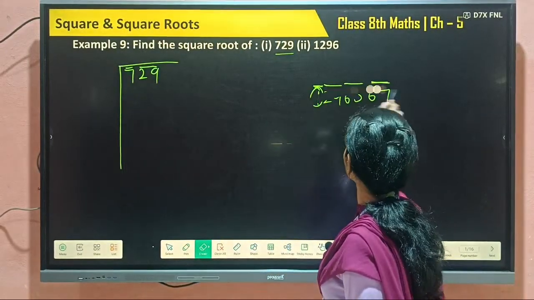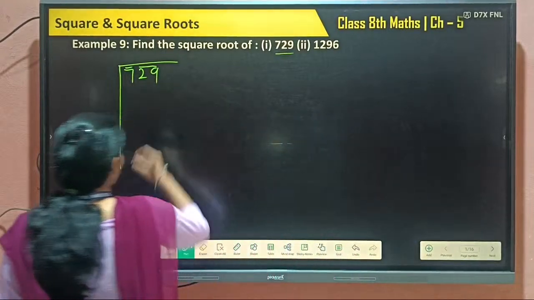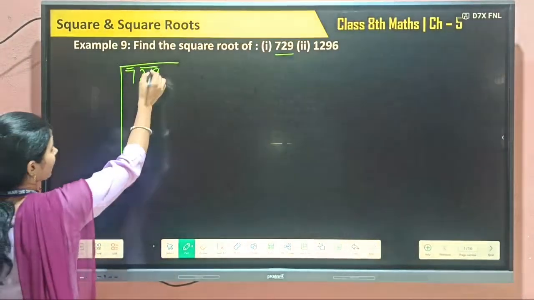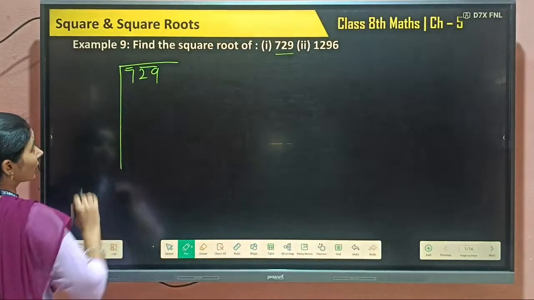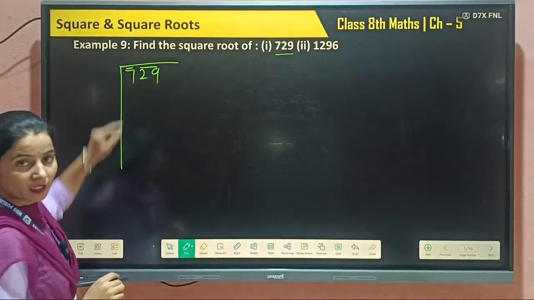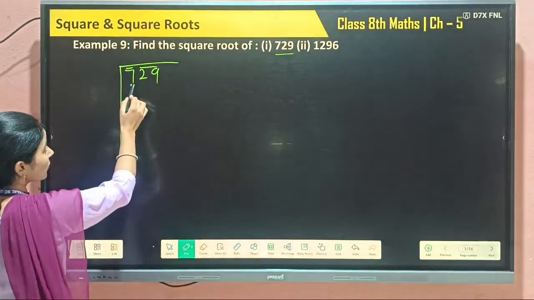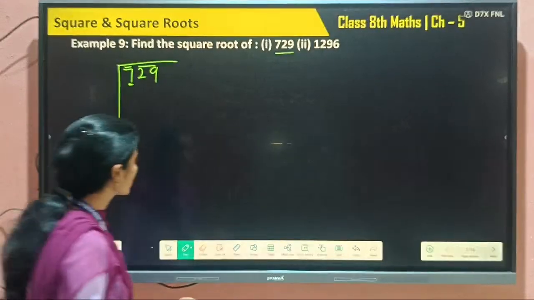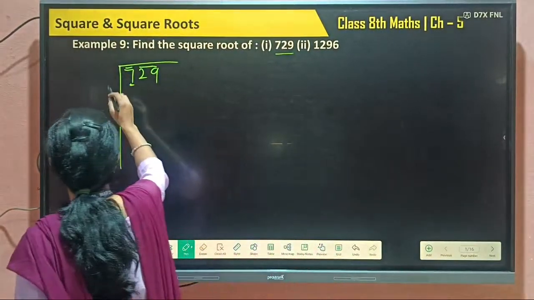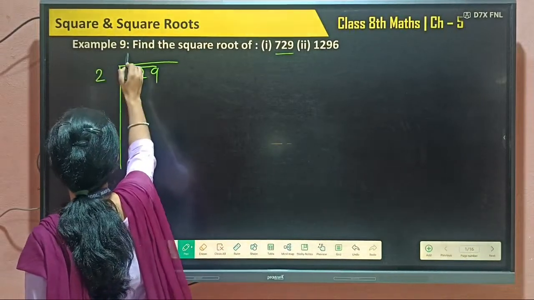Okay, see, we paired. Now think about one number whose square is equal to or less than this 7. Let us see, that number: 3 3s are 9, 4 4s are 16, 2 2s are 4.